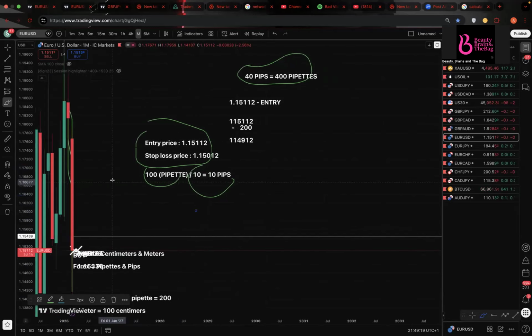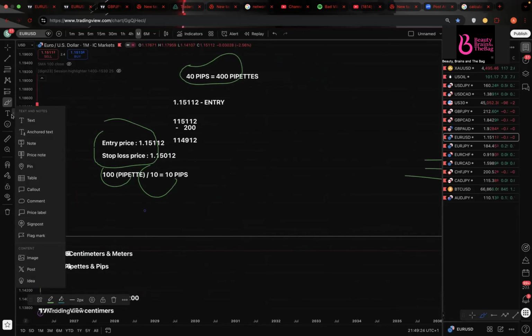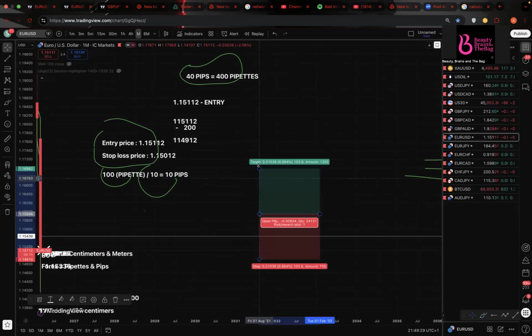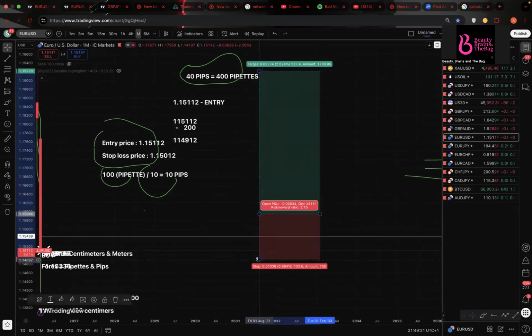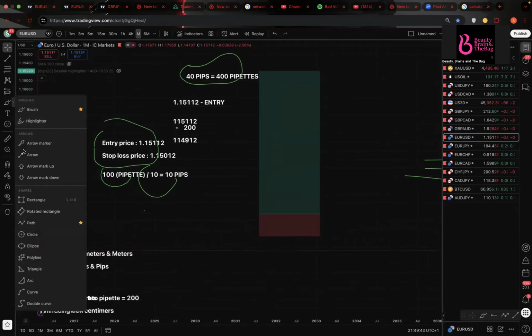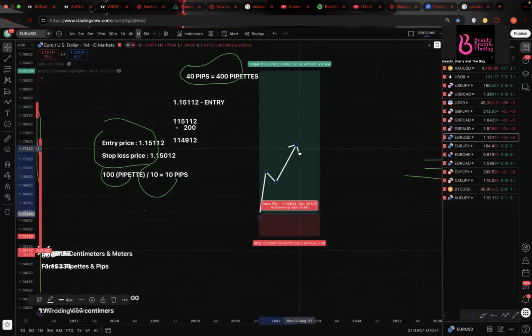Lastly, before I end the session, I hope you know that this is a buy trade. So if the market is going up, we'll be making money. That basically means our TP price is going to be up in profits.